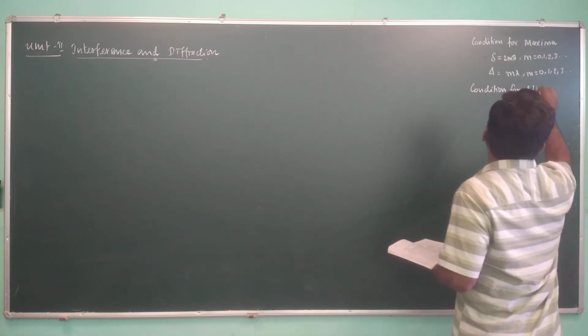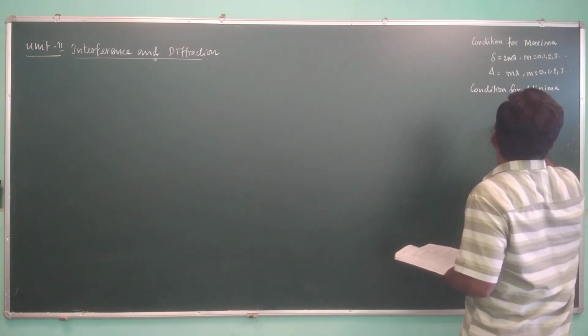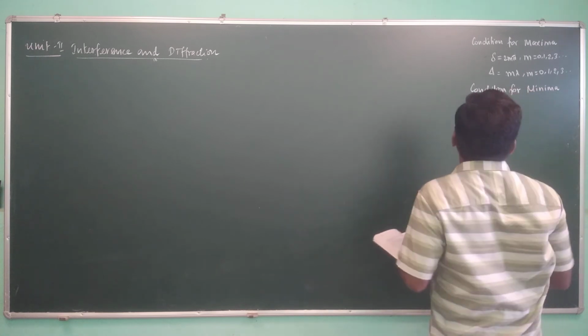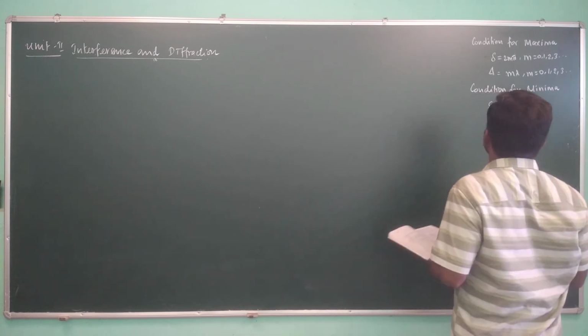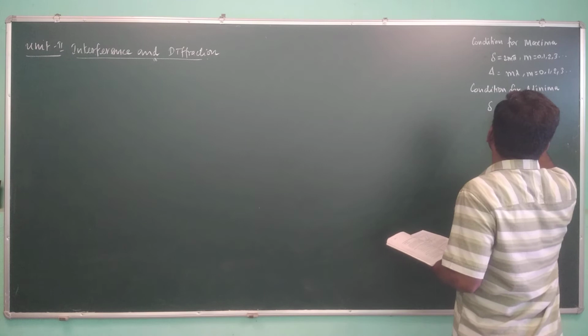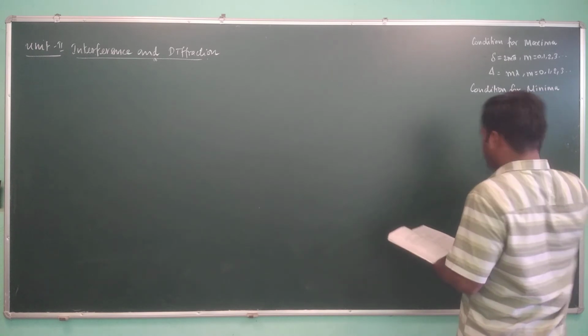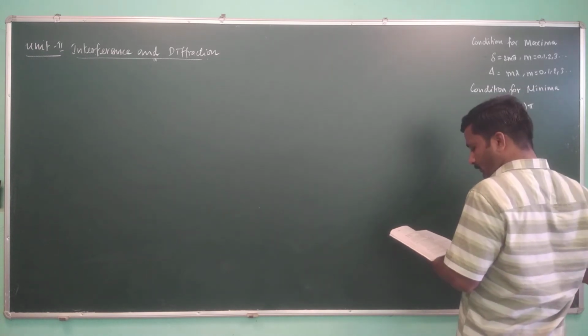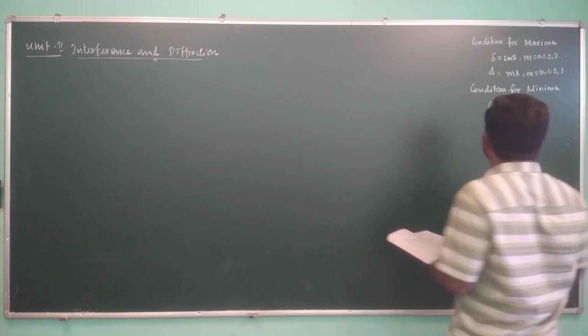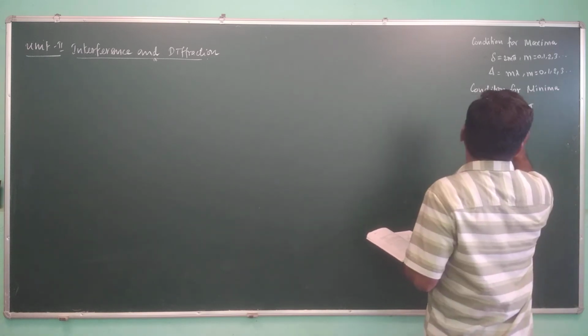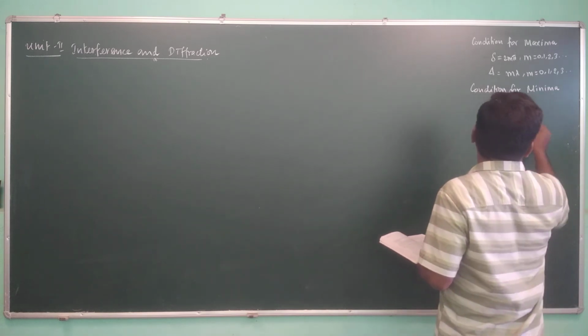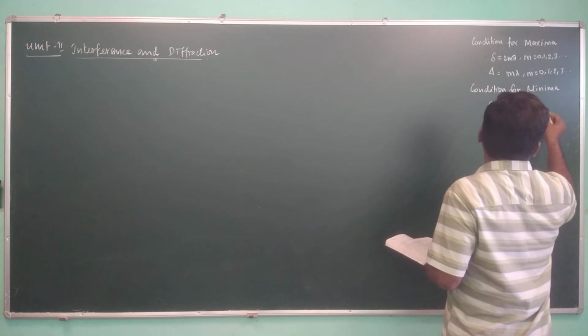Condition for minima to happen: when the phase difference is 2m plus 1 pi, or path difference delta is equal to 2m plus 1 lambda by 2.